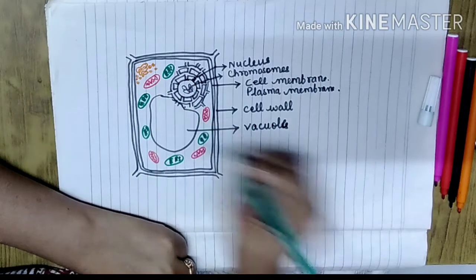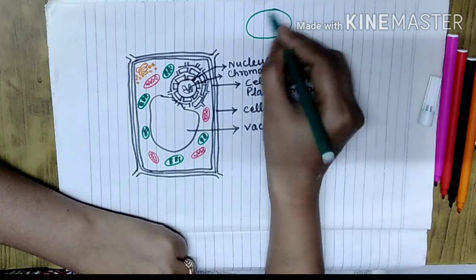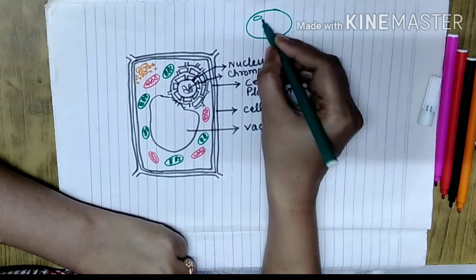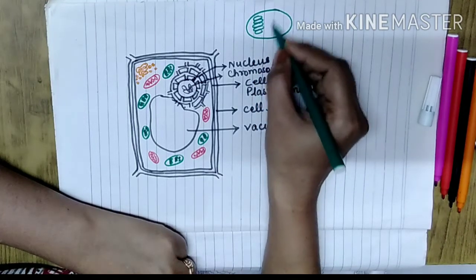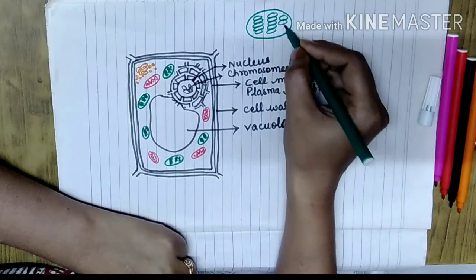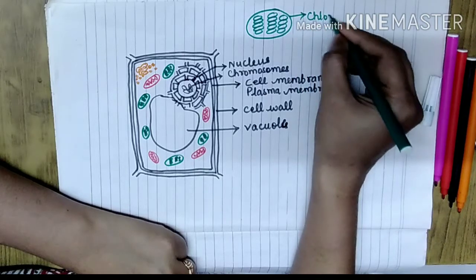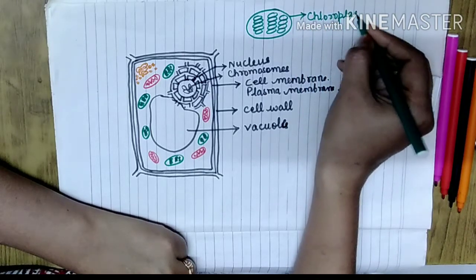These organelles contain coin-like structures piled upon each other, like I am showing through another diagram. The structure of the chloroplast consists of coin-like structures called granum, and in the granum only, photosynthesis takes place.